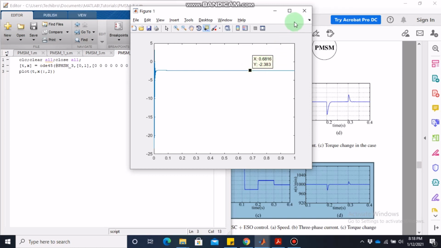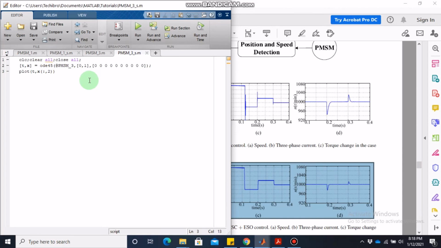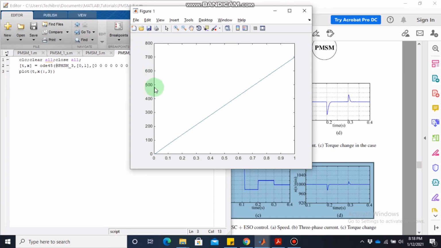Similarly, you can go for the angle. It goes from 0 to 700 radians. I don't know how many revolutions that is, but I think 700 rps is our rpm.